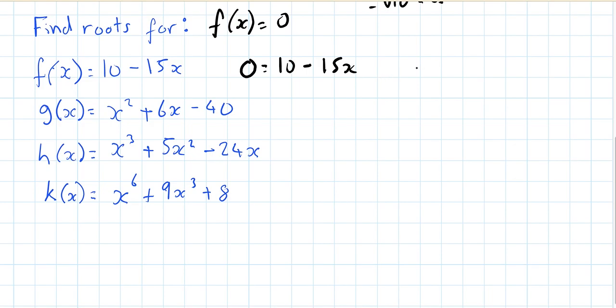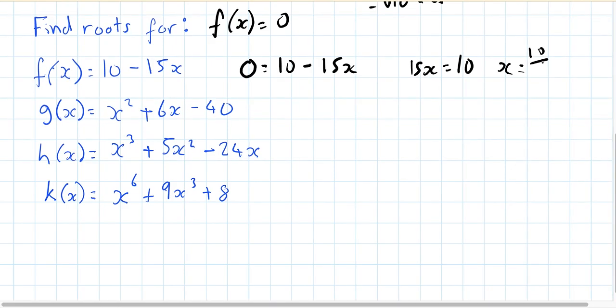Just going to rearrange that. So we have 15x equals 10. I just took the minus 15x to the other side, and then x equals 10 over 15, which equals 2 over 3.